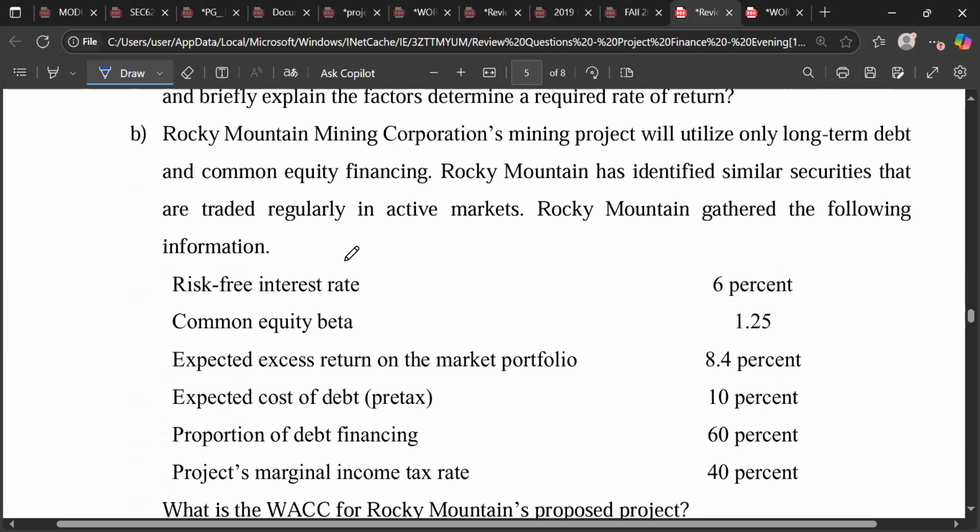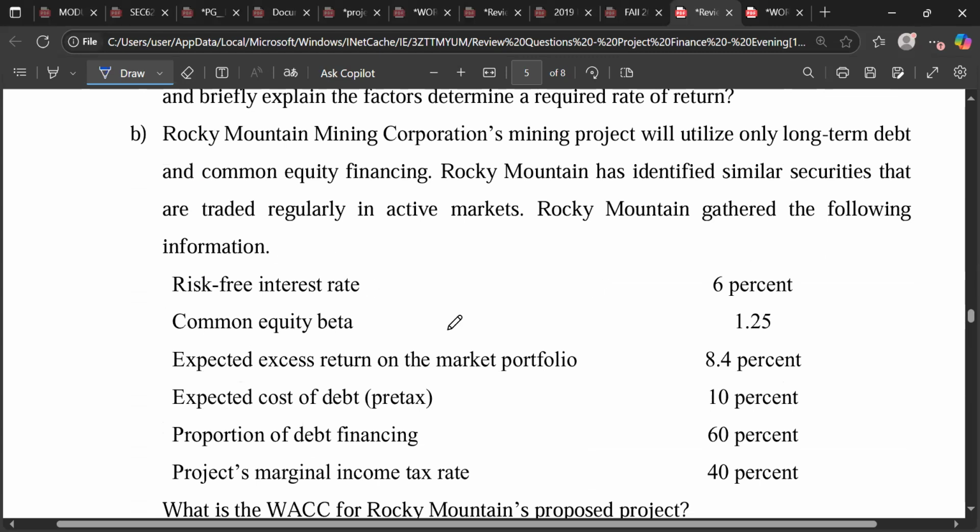Part B says Rocky Mountain Climbing Corporation mining project will utilize only long-term debt and common equity financing. Rocky Mountain has identified similar securities that are traded regularly in active markets. They gather the following information. The risk-free interest rate is 6%.